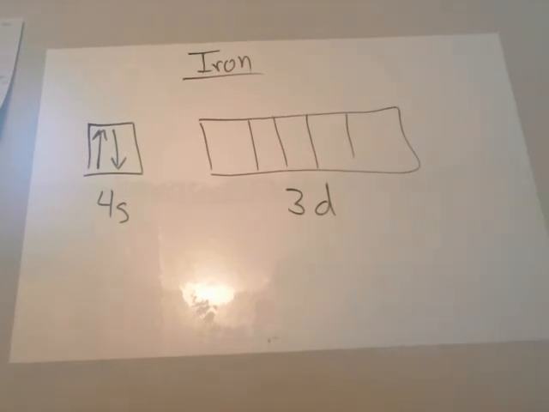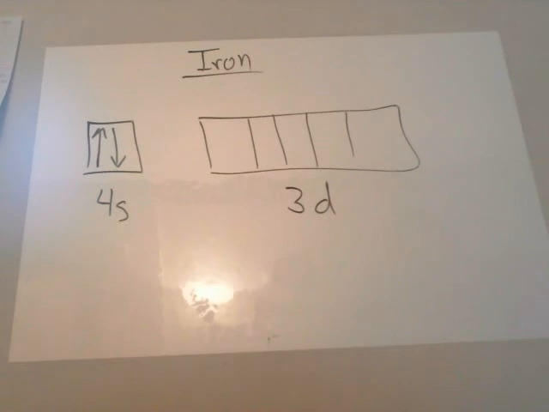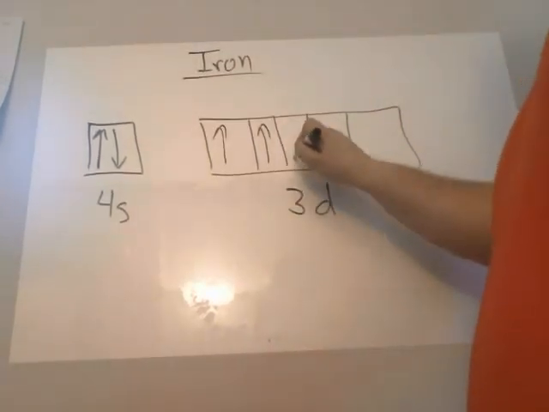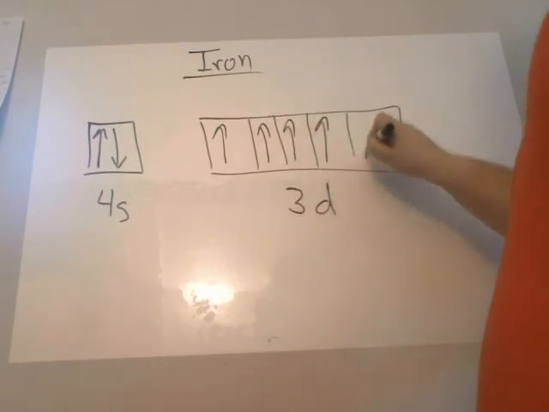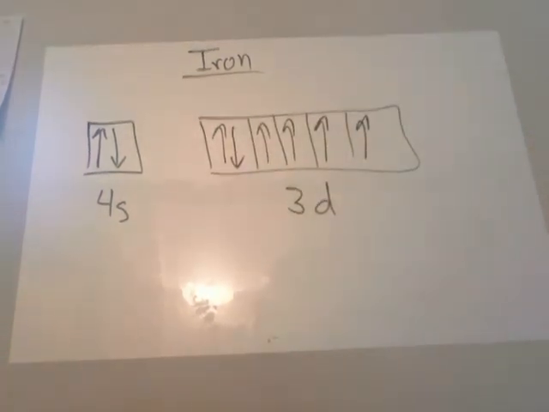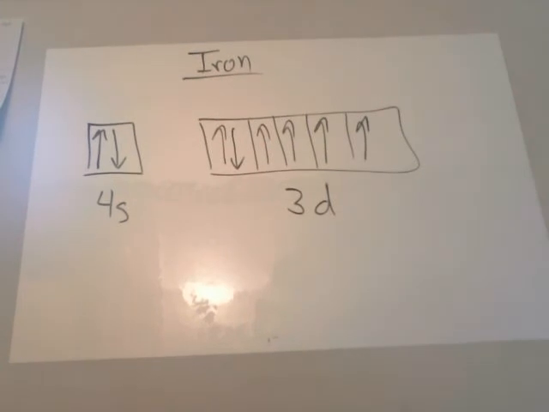That tells me I have 6 electrons that I need to place. These electrons aren't going to share until they're forced to. So there's 1, 2, 3, 4, 5, and then my 6th one's going to share. So that would be the orbital diagram for iron.